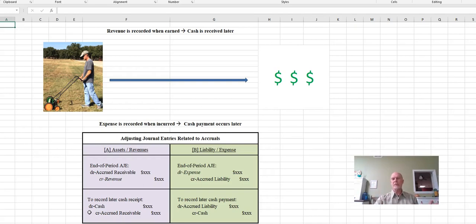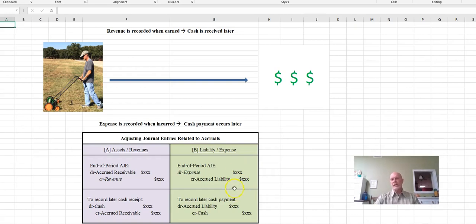That can also happen when we're talking about expenses, and this in the green here, we have not discussed yet. Sometimes we incur an expense, and if we get to the end of the year and we owe money for things that have already happened, then we would need to record an entry to update the numbers to be reported on the financial statements.